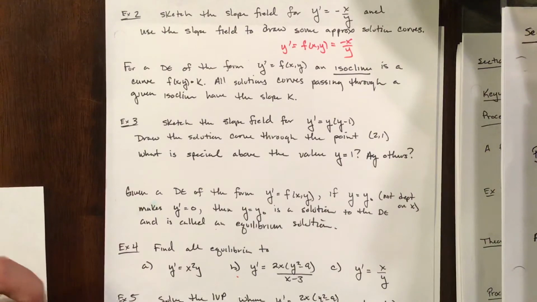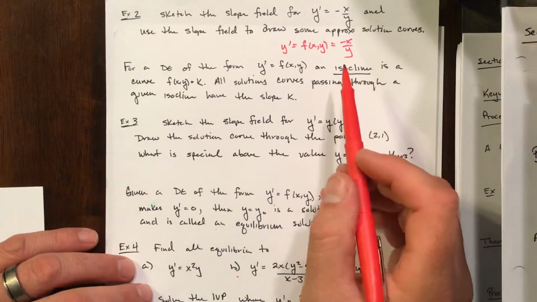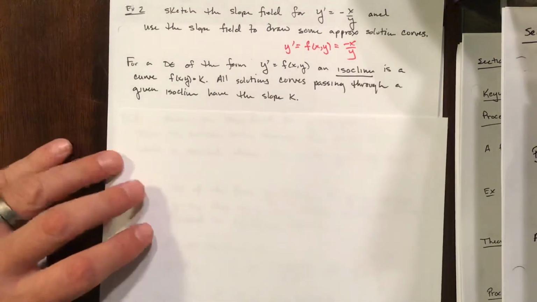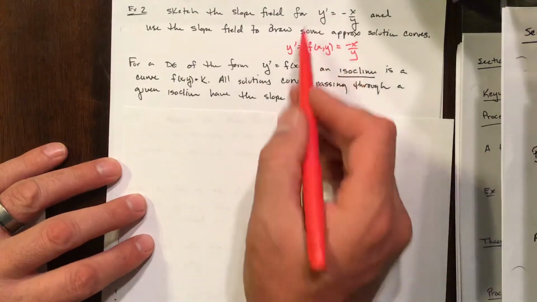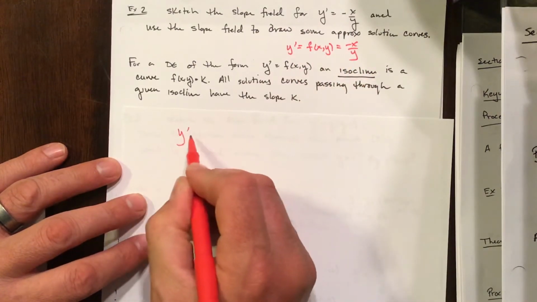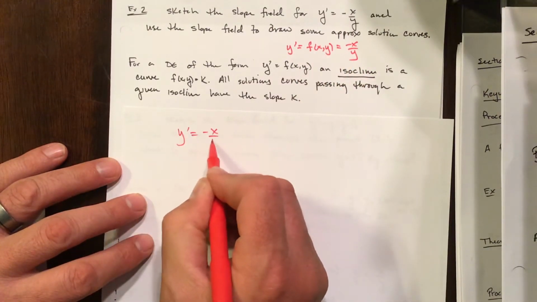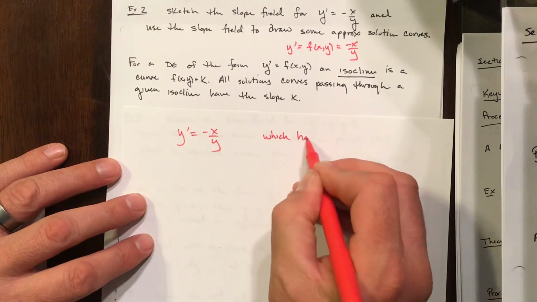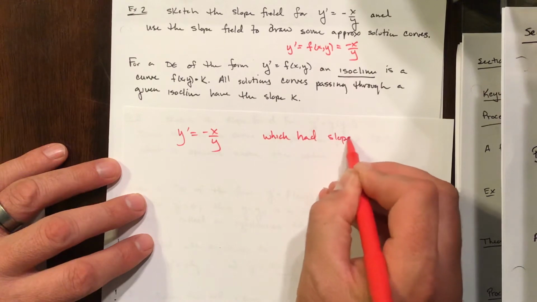Okay, so what you do, you think of that. There were certain ordered pairs in the differential equation above, y prime equals negative x over y, which had a slope of 0.